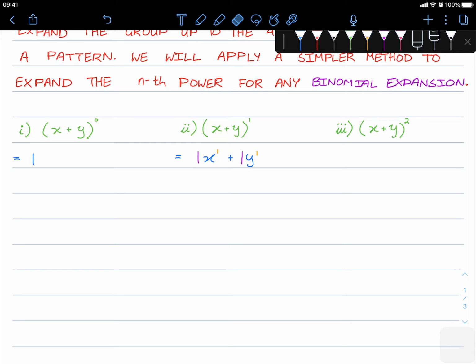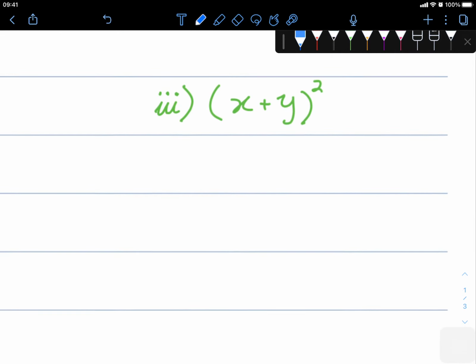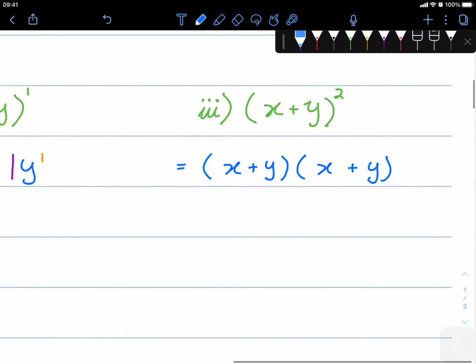Power of 0 and the power of 1. For this one, well, if you can recall quick ways of doing it, I'm going to show you the long form of doing it. X plus y, x plus y. It literally means two groups of the same thing multiplied. Multiplying this out, x times x becomes x squared. X times y becomes xy.